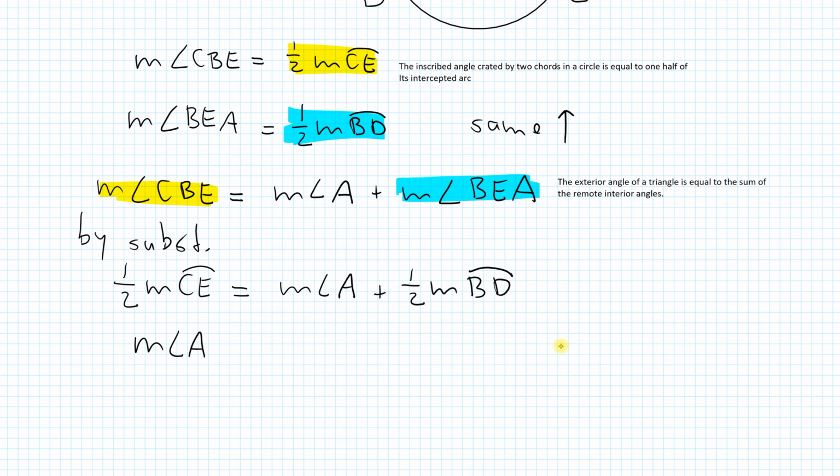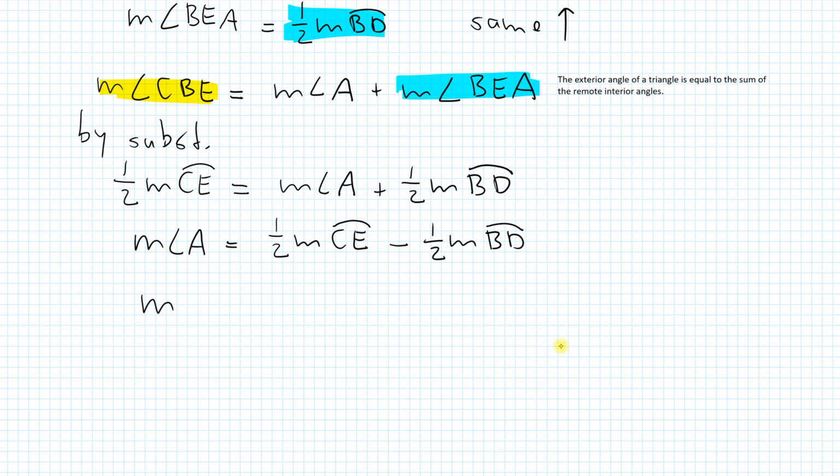So measure of angle A is equal to 1/2 measure of arc CE minus 1/2 measure of arc BD, okay? Which simplifies to the following. Measure of angle A is equal to 1/2 (measure of arc CE minus measure of arc BD), okay?